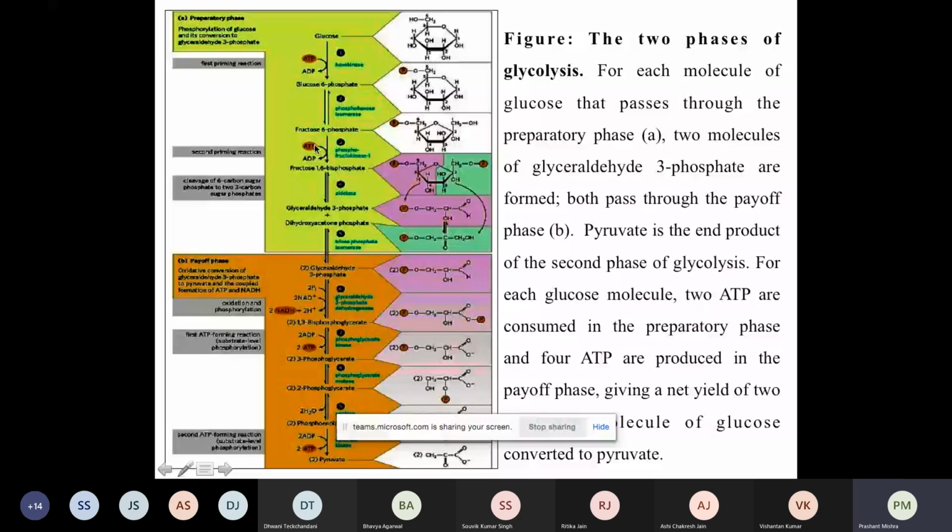Here I'm referring to a very crucial reaction, this step, where fructose 6 phosphate is converted into fructose 1,6 bisphosphate. Now, if I have fructose 2,6 bisphosphate, that is the one which will control this, and it will go ahead.